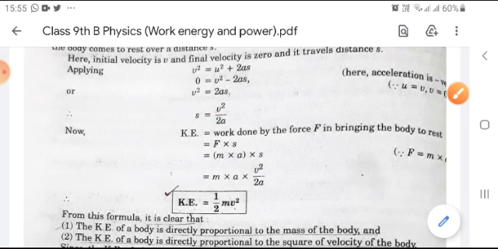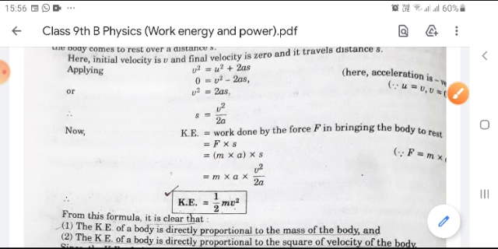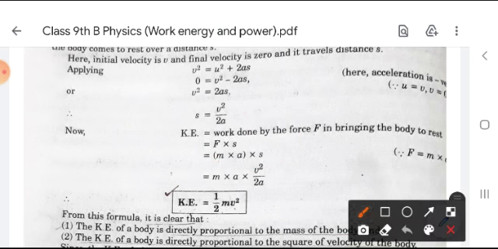By using the formula, kinetic energy is the work done by the force F in bringing the body to rest, that is Fs. After putting F equal to ma, and s equal to v square by 2a, we get kinetic energy equal to half m v square.